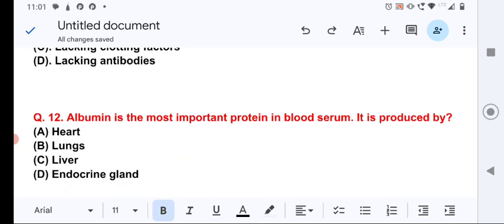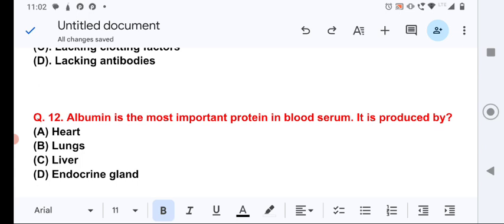Next question, question number 12. Albumin is the most important protein in the blood serum. It is produced by the liver, which is the most important vital organ, largest organ, metabolic organ, internal organ of our body, bile producing organ.